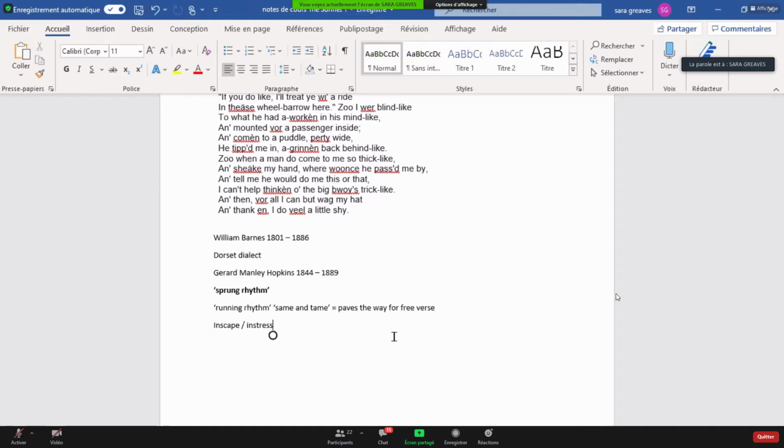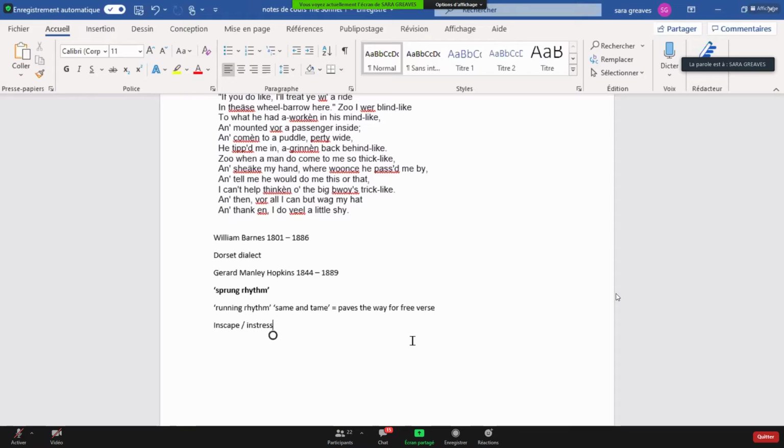And you might ask why I want you to read a 19th century poem. Well, Hopkins's poetry was sort of rediscovered in the 20th century, and it had a very strong influence on a number of 20th century poets. So that's why I want you to read this poem.